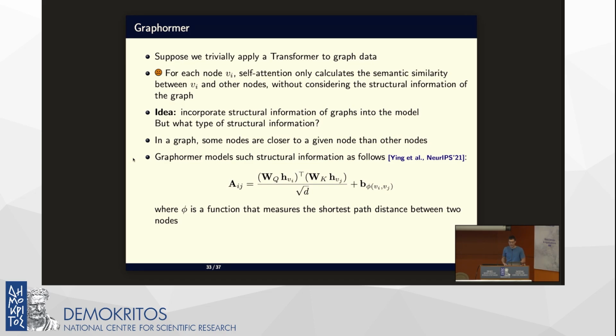In most applications, we expect that a node depends more on nodes that are close to it than on nodes that are farther away. So we expect that B will take large values if phi is small, and small values if phi is large. But again, it also depends on the task at hand. For a given task, we might see something different.